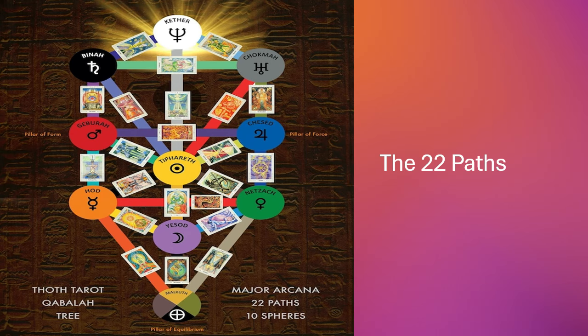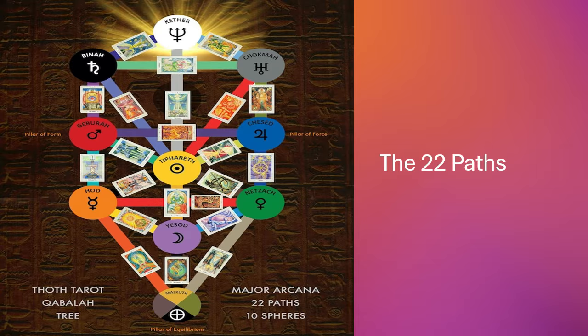The Sephiroth are interconnected by a network of 22 paths, which, together with the 10 spheres, constitute the traditional 32 paths of wisdom. Each Sephira possesses its own distinct aim, drive, and personality, if you will, so that when two or more spheres interact, tension, conflict, or complementary influence naturally arises.